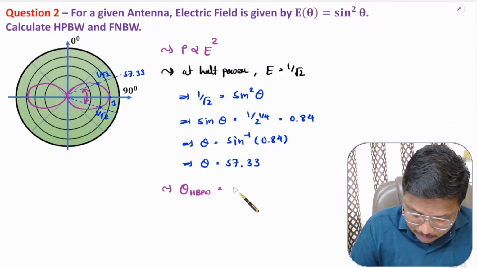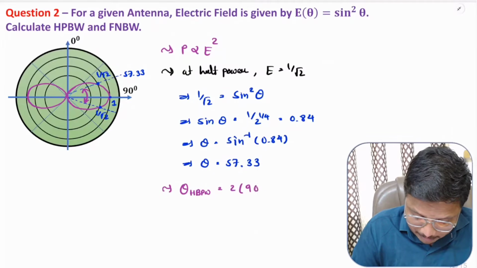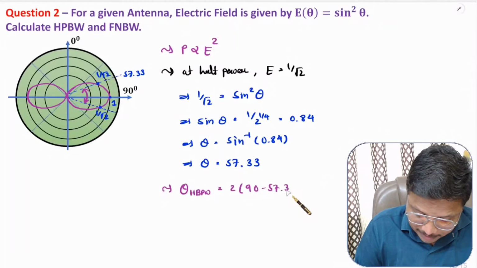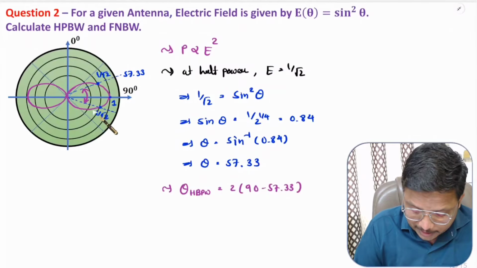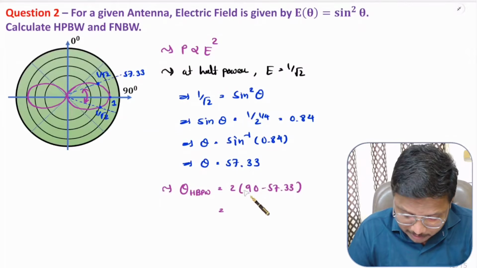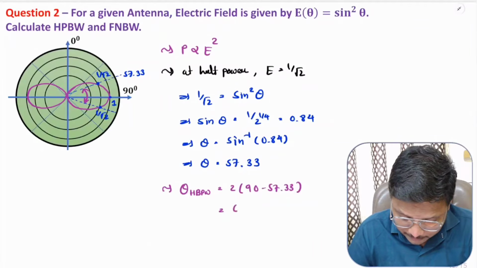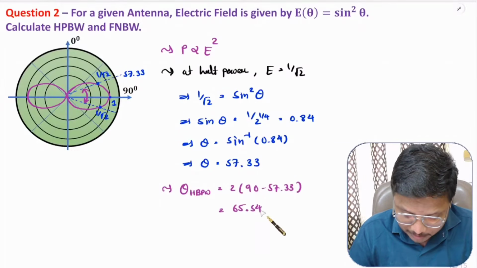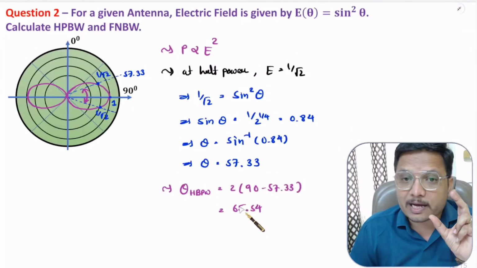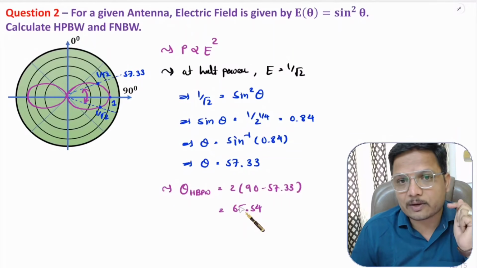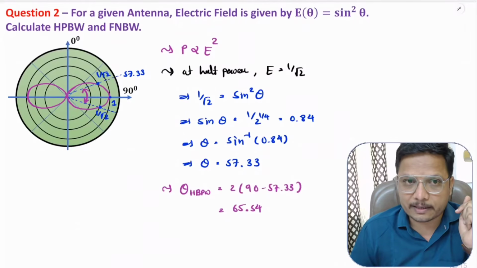So here 2 into 90 minus 57.33 is what gives you half power beam width. If you solve this, you will be getting 65.54 degrees, right? So you need to understand first how the plot is. Based on that you can solve half power beam width, right?